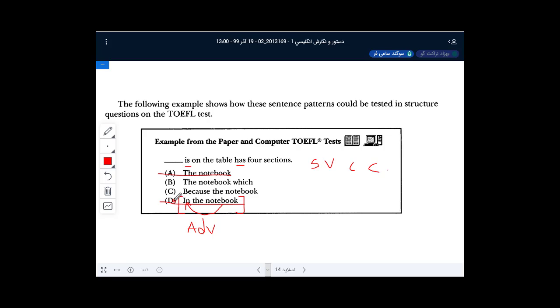If we do see, because the notebook is on the table, we would have two verbs with one subject. That is a fragment. Because is a subordinate clause marker. It requires a subject. So far, so good. Then it requires its own verb. Because the notebook is on the table.